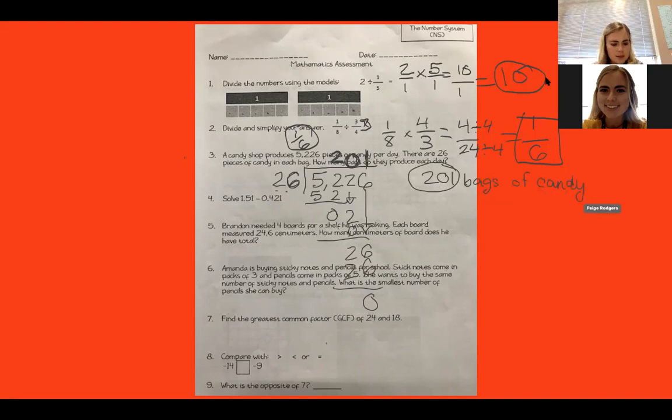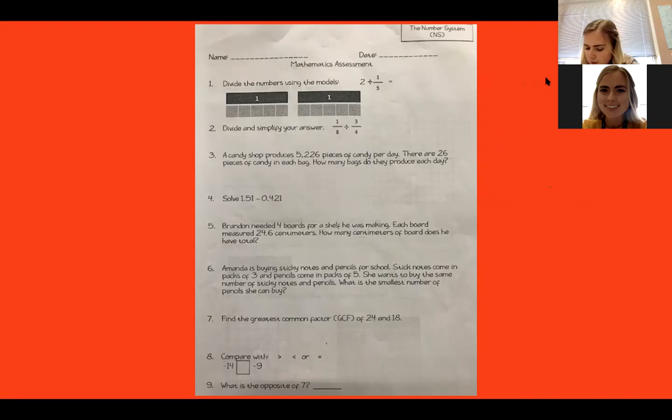Okay. Next problem, number 4, 1.51 minus 0.421. So when we subtract, we like to line up the decimals. So the decimals are right on top of each other. For any missing place values, you can put a 0.